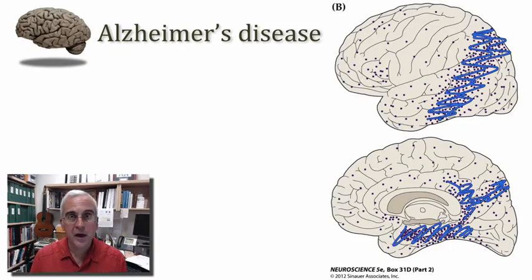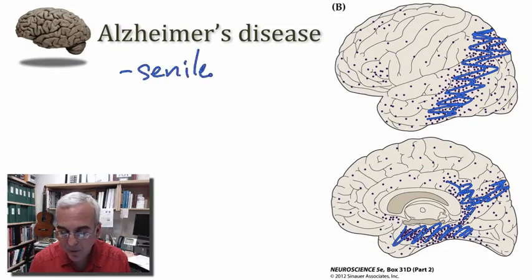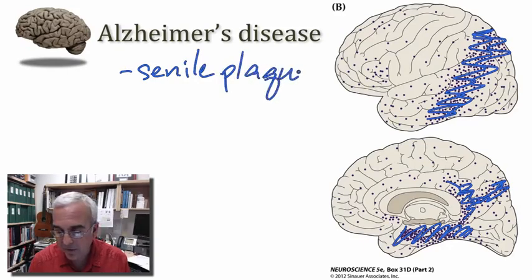So what these individual dots in this schematic actually represent are the two features that are hallmarks of this disorder. One is the presence of something called the senile plaque, which is an extracellular accumulation of protein and other kinds of cellular components. And in addition, the second hallmark is something that we call the neurofibrillary tangle.